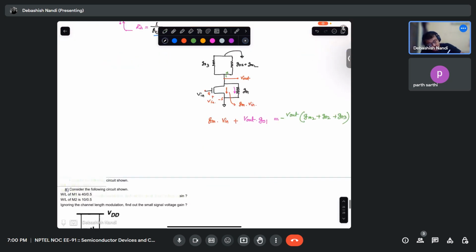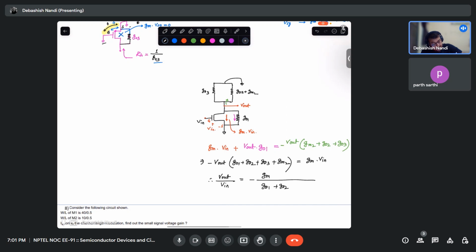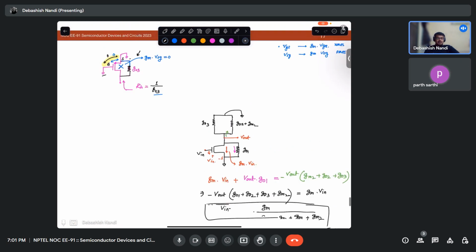If you solve it, let us take V out to one side: V out times (GO1 plus GO2 plus GO3 plus gm2) equals gm times V in. So V out by V in is minus gm over (GO1 plus GO2 plus GO3 plus gm2). This is your gain.